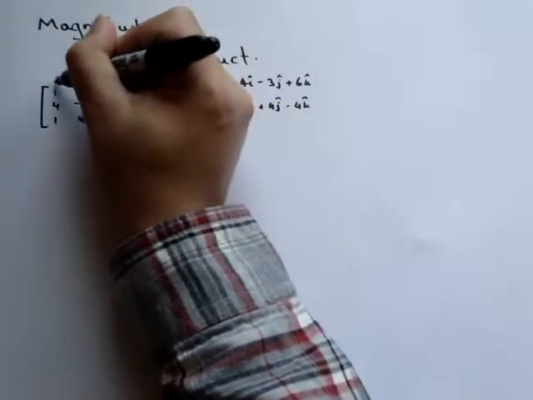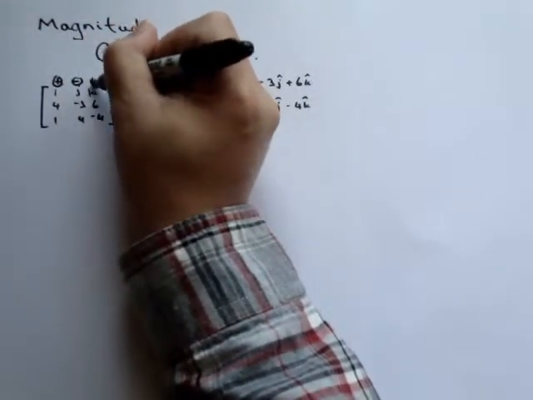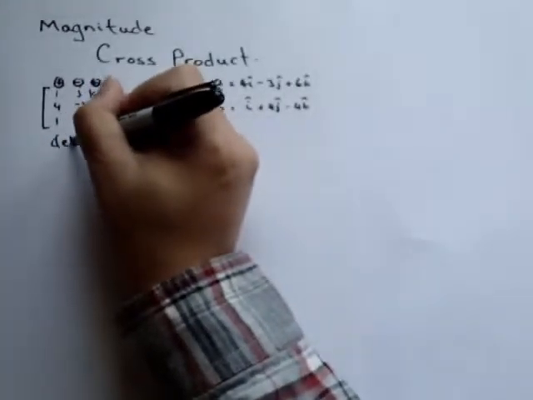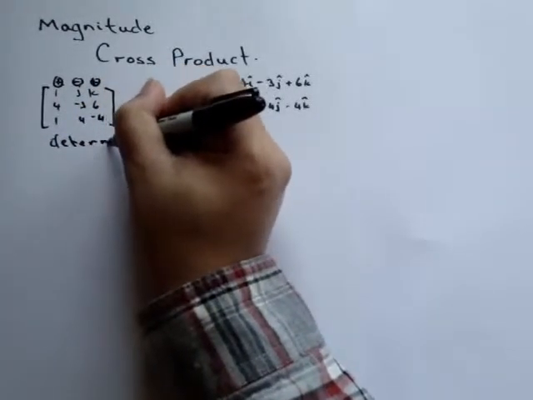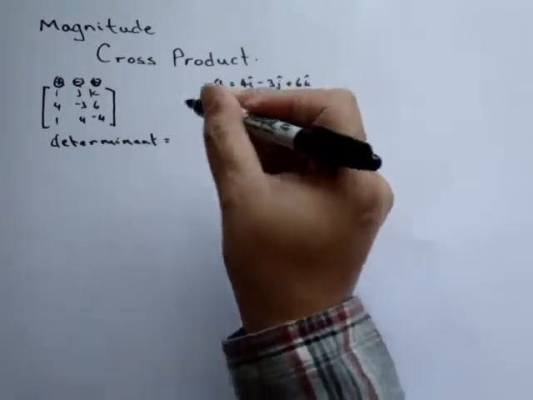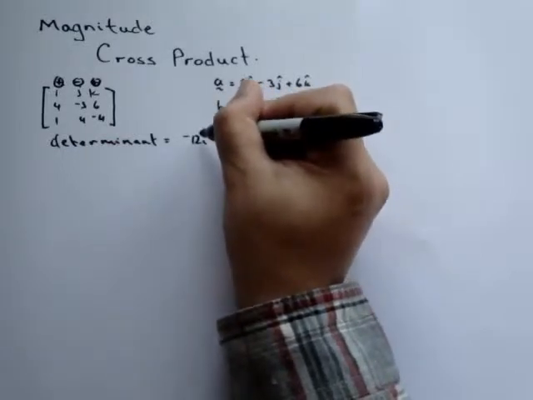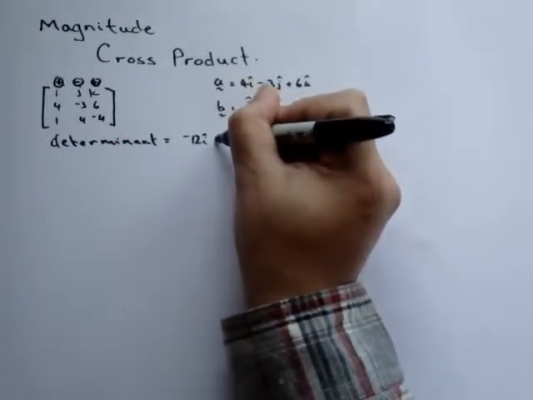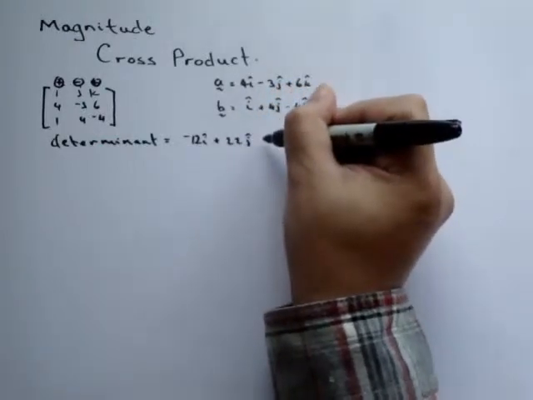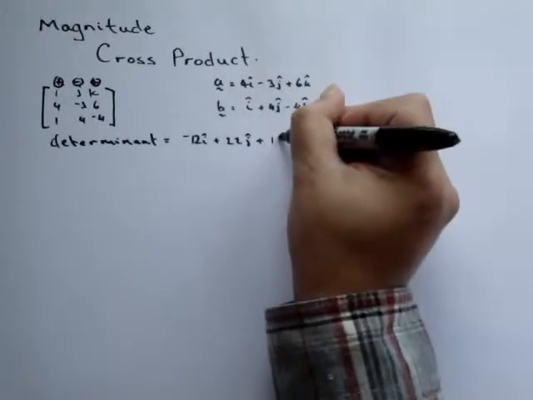Remember to make this positive, negative, positive. And then we work out the determinant. And that equals minus 12i plus 22j plus 19k.